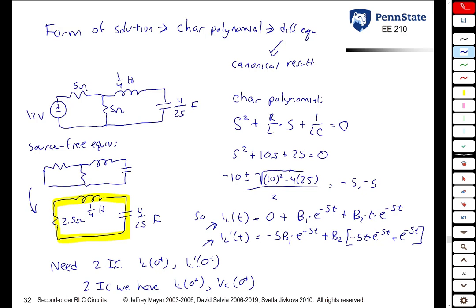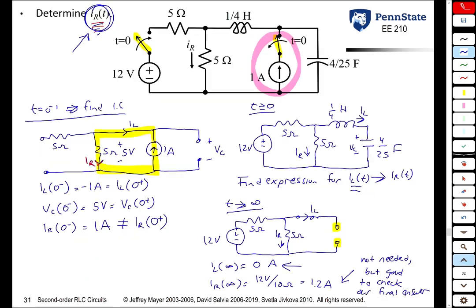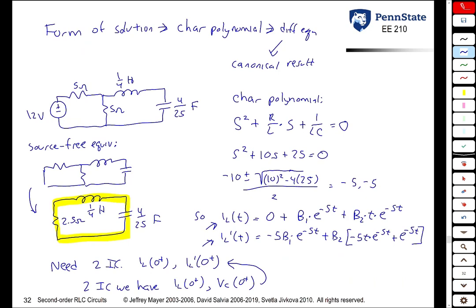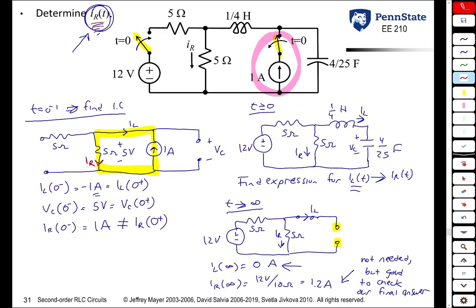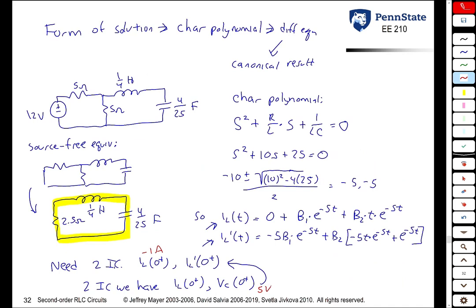So we have to find a way to convert VC to IL prime, because we know that IL of 0 plus from the previous page was minus 1 amp. VC of 0 plus, we know from the previous page, is 5 volts. So how can we find IL prime of 0 plus?